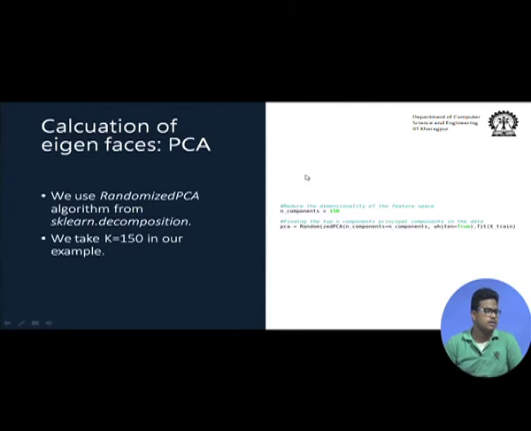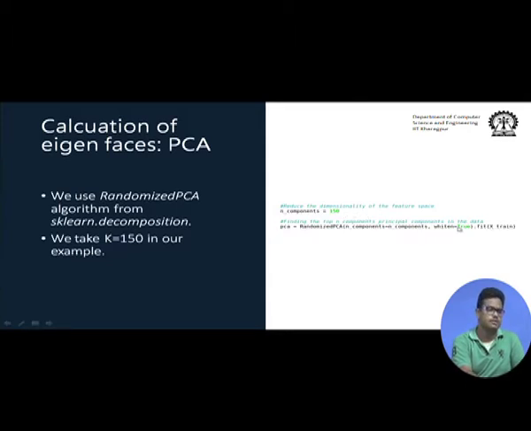The randomized PCA algorithm of scikit-learn does an efficient implementation of the principal components analysis algorithm. So we first specify that the number of components will be 150, and then we initialize a PCA model, and we say that the number of components is equal to 150, and we fit on the training data.